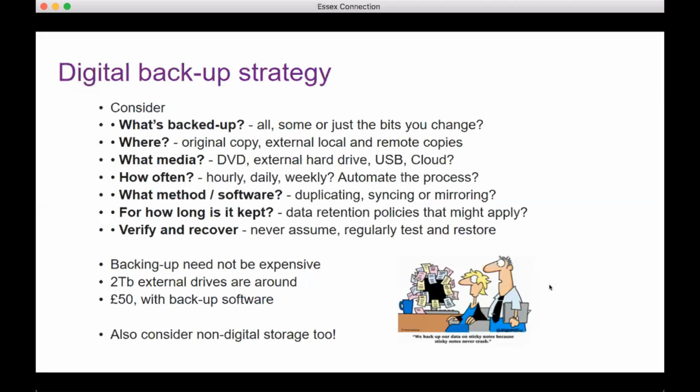Another aspect to consider is having a digital backup strategy to avoid data loss or data destruction, sorry. There are multiple things to consider here, such as what do we need to back up, where, what type of media we can use, how often we need to duplicate or synchronize the information that we back up, for how long do we need to keep it, and here there might be different data retention policies that apply.